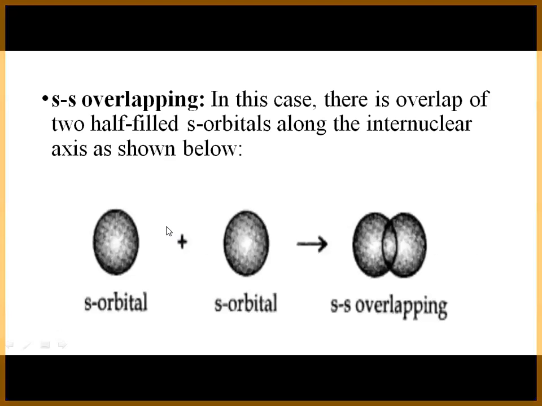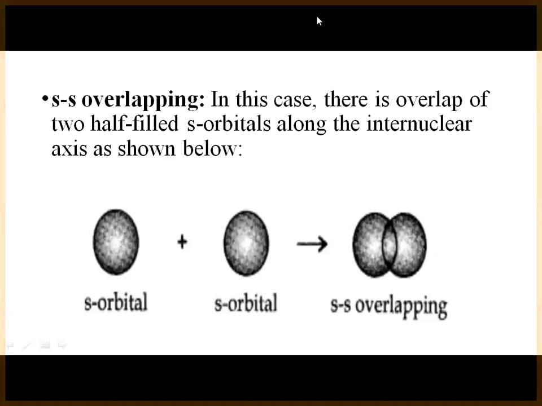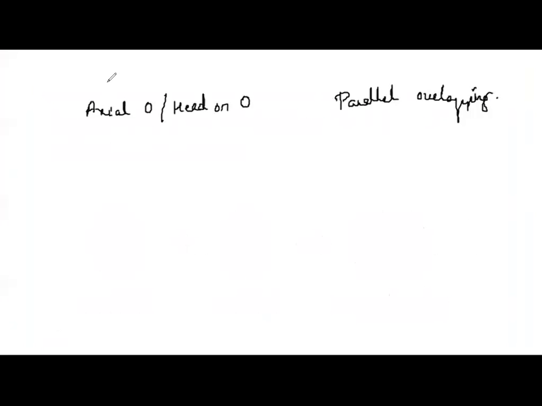So s orbitals are spherically symmetrical, as I said. Therefore, they will only have axial head-on, or you can call it end-to-end overlapping. Whereas on the other hand, p orbitals are directional, and thus they show either head-on or parallel overlapping.